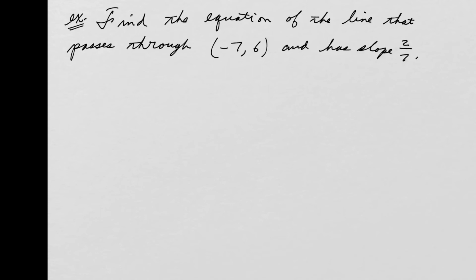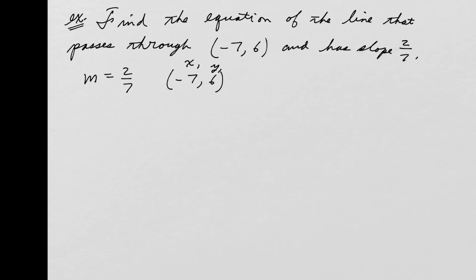If I look at that question, what information am I given? Well, I'm given the slope, so I'm given m. M is just 2/7. And I'm also given a point that the line passes through. So I'm given the point, I'll call it x1, y1.